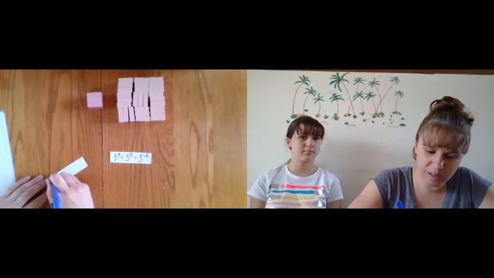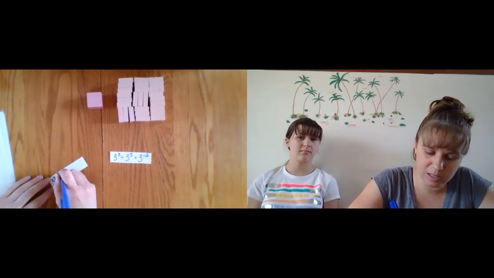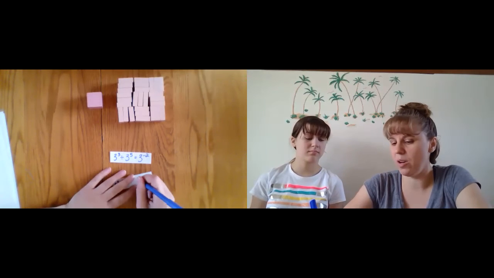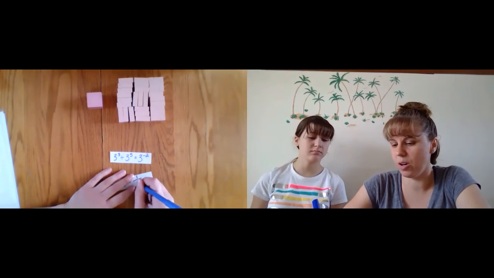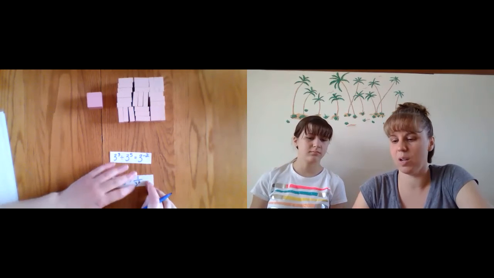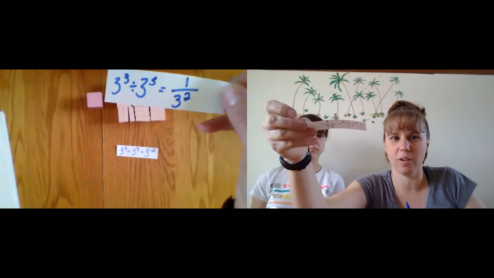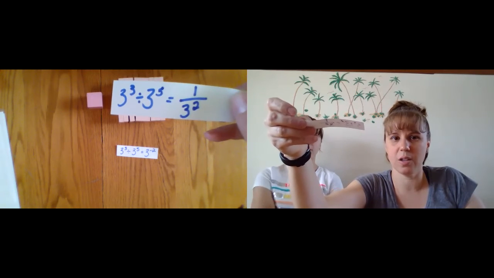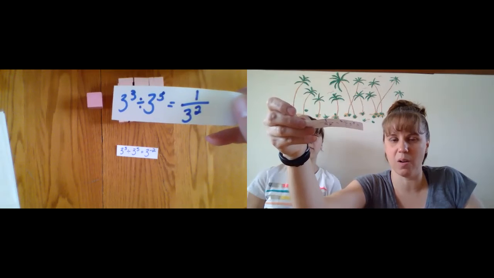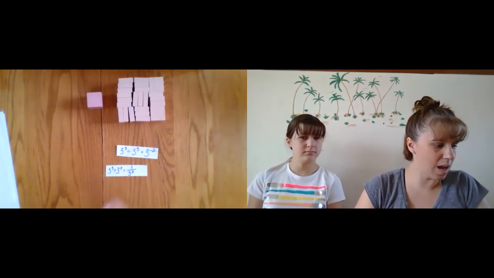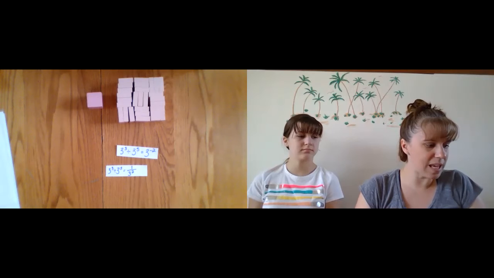So we have 3 to the third divided by 3 to the fifth, and that equals, remember I said we're going to put a 1 over it, 1 over 3 squared. So we've made it into a fraction there.